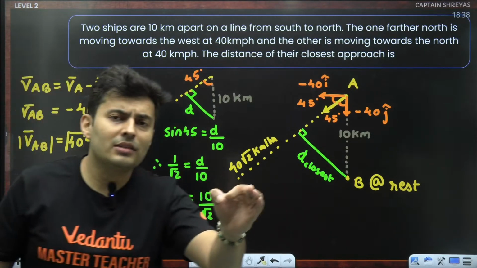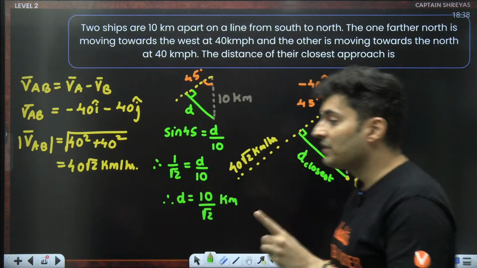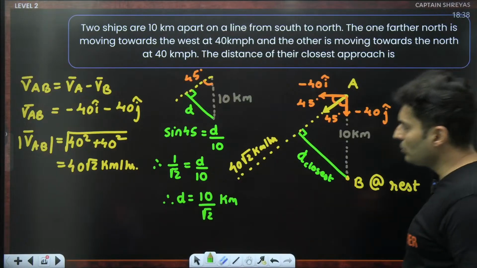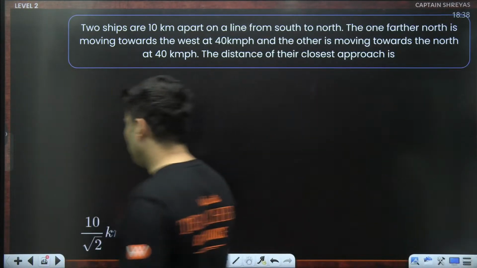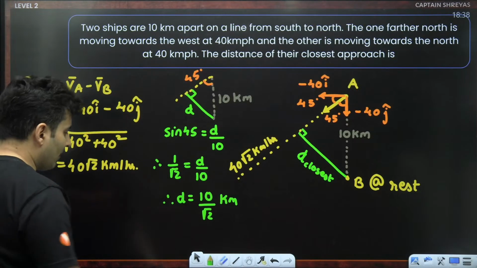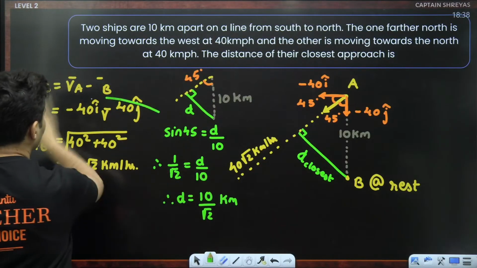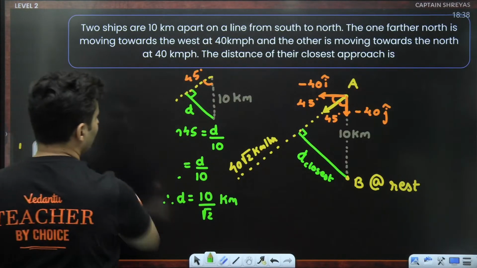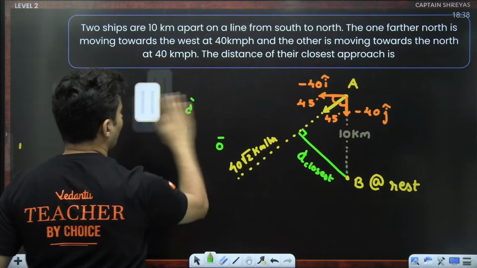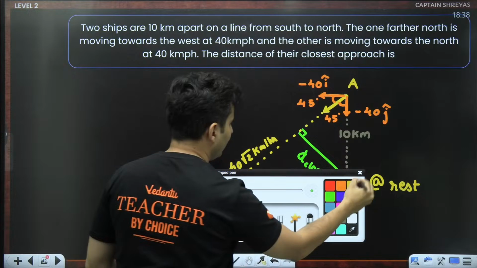If somebody asks you after how much time will they be closest, no issues at all. If they ask you the time, I know time is not asked, but I'm solving that question also for you. If somebody asks you the time, what will you do? Same diagram, just look at the other side now.